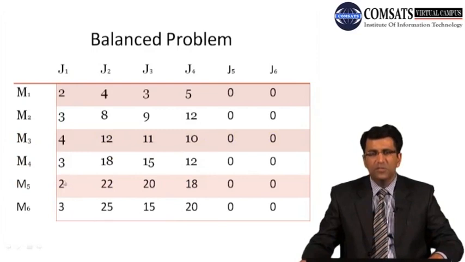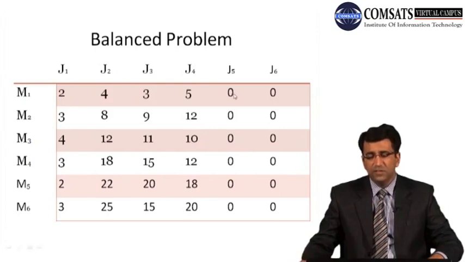Now class, in this particular table, we have introduced 2 different jobs, that is J5 and J6, for these columns. This step is particularly done to make our assignment problem balanced.